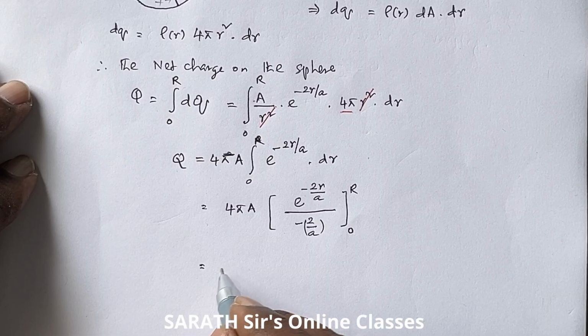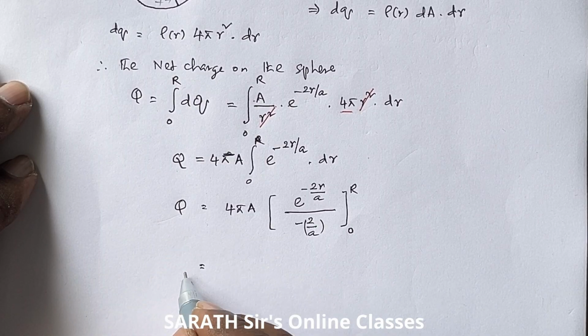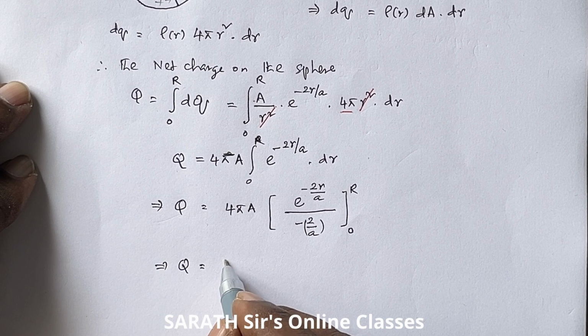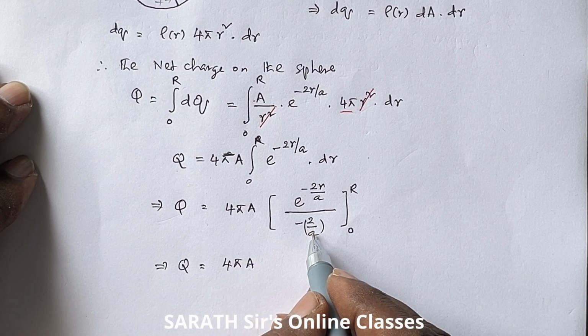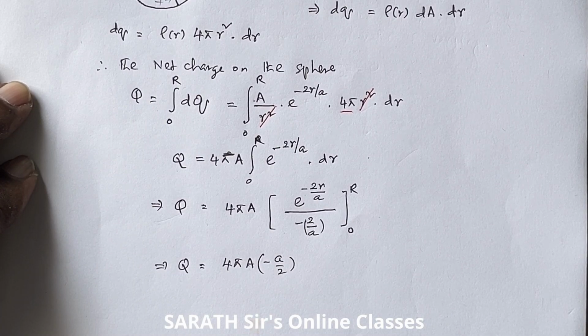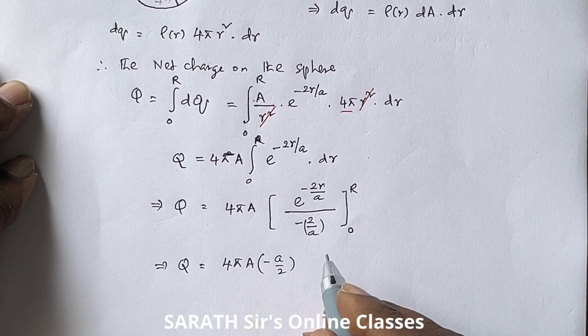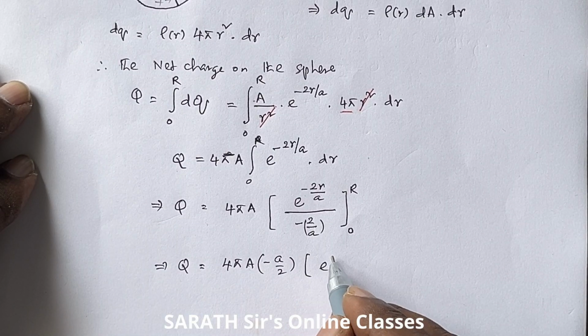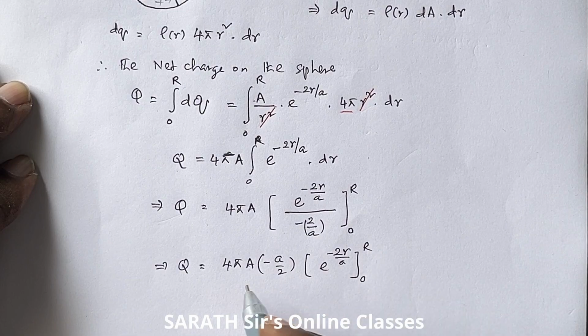Now Q is equal to, so here it is 4 pi A, this I will take common, so minus a by 2 comes, and this is e power minus 2r by a, lower limit is 0, upper limit is r.